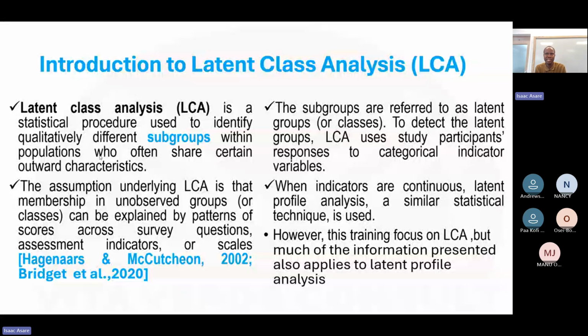For example, if you want to assess knowledge level about malaria within a certain geographical area in Ghana, say you go to the northern part just to find out people's knowledge about malaria. Based on the instrument that you give them, at the end of the day you can determine whether their knowledge level is high, low, moderate, and so on.